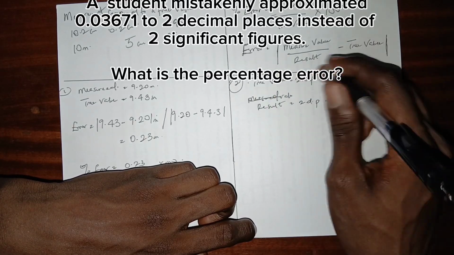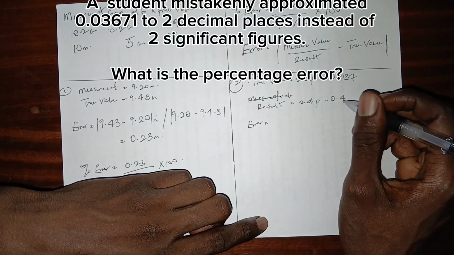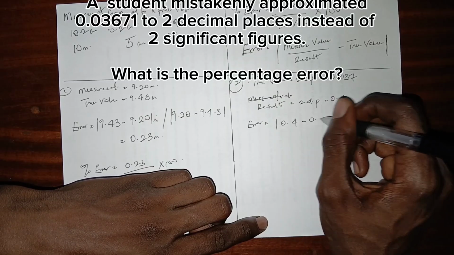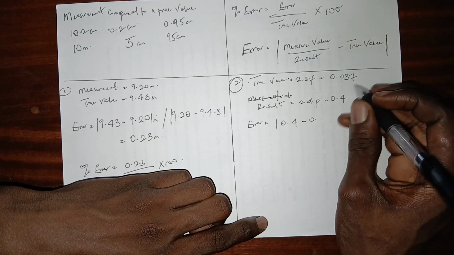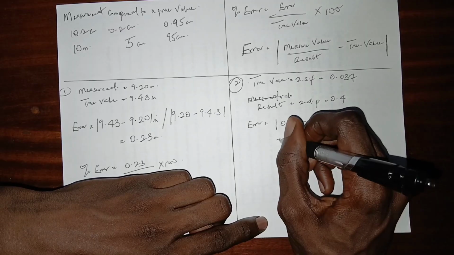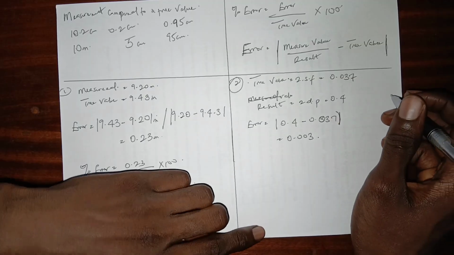Let's use the error formula. The error is our result minus this, so the absolute of 0.04 minus 0.037, which gives us 0.003.